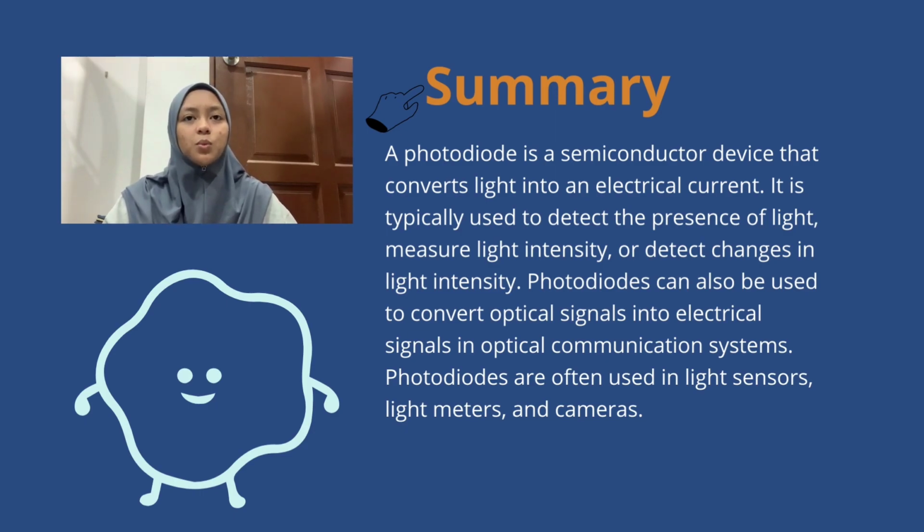Photodiode can also be used to convert optical signal into electrical signal in optical communication system. Photodiodes are often used in light sensors, light meters, and cameras.